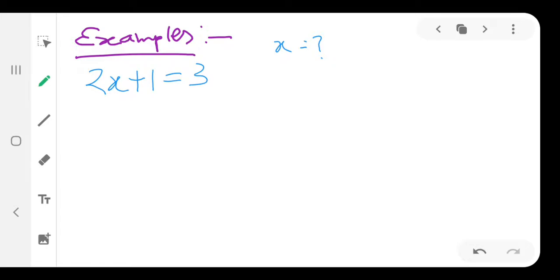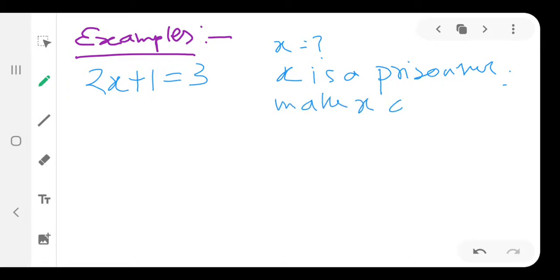Something I have to remember, that x is a prisoner, a culprit. He will not say anything if he is not alone. So I have to make x alone, right? Now the question is how to make x alone.